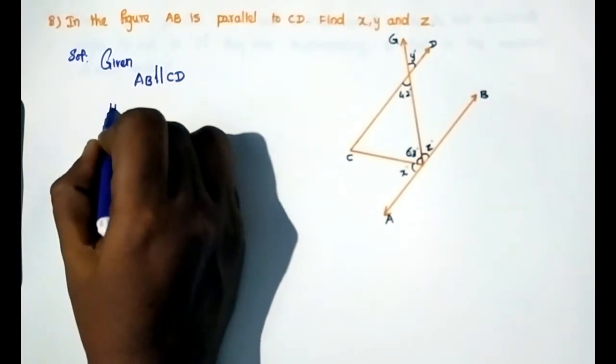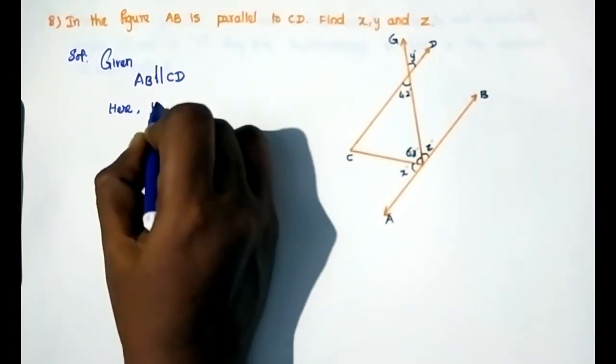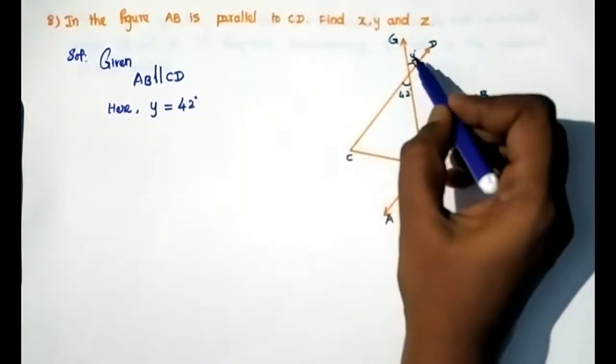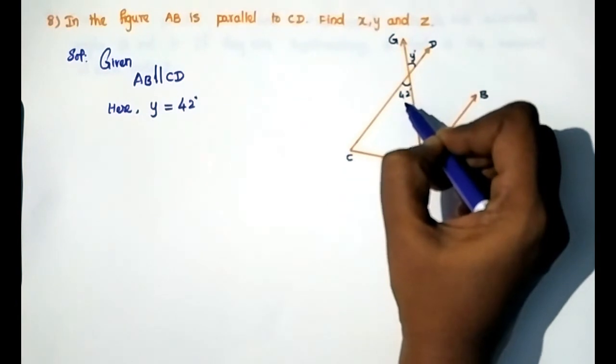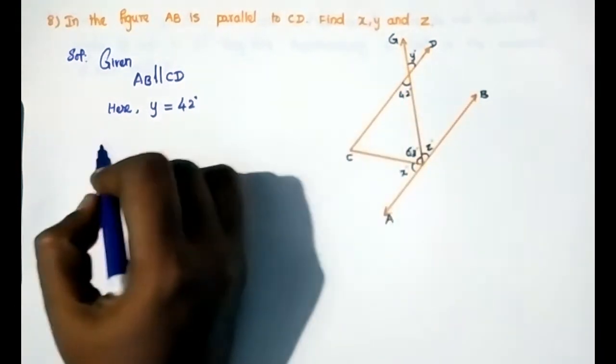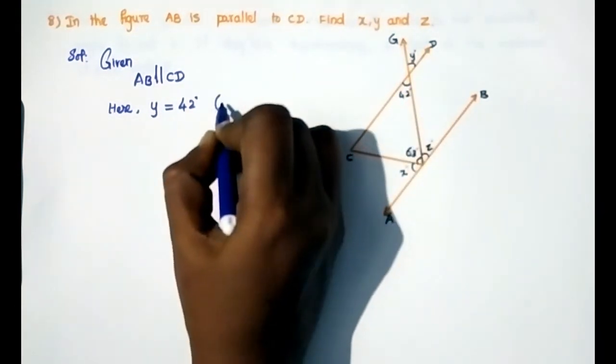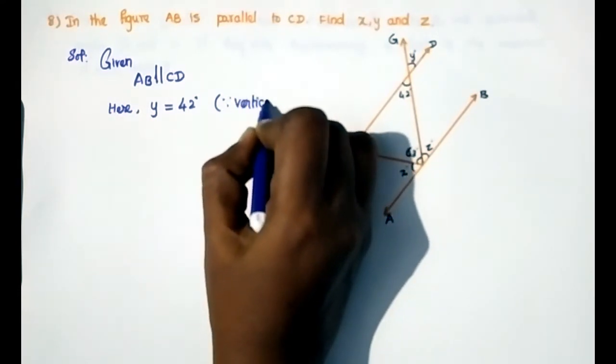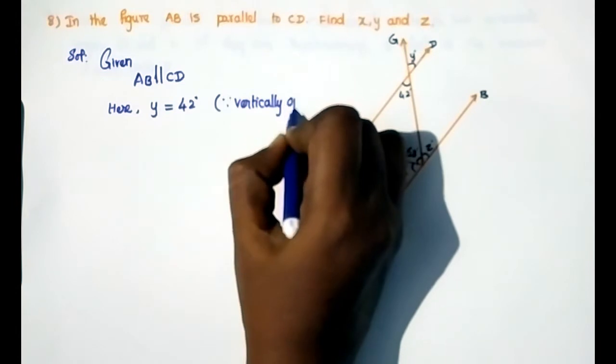Here angle y equal to 42 degrees. What is the reason? That is the vertically opposite angle.